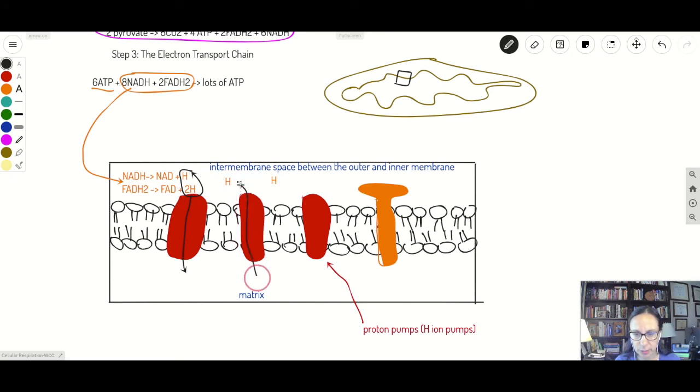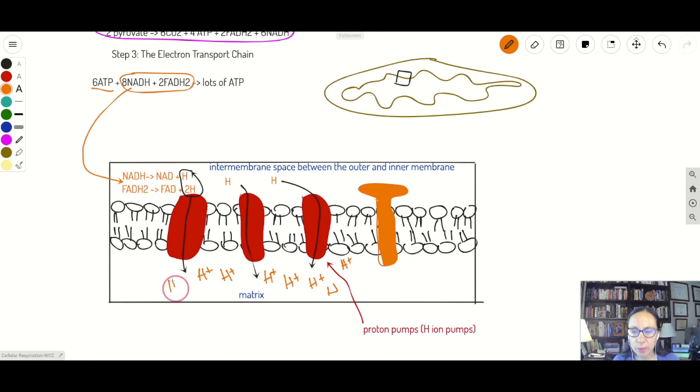So these hydrogens go through these pumps into the matrix. Over time, we're going to have a lot of hydrogen ions in the matrix. So what the cell is doing is building up a high concentration of H's inside the matrix of the mitochondria. It's doing this on purpose.